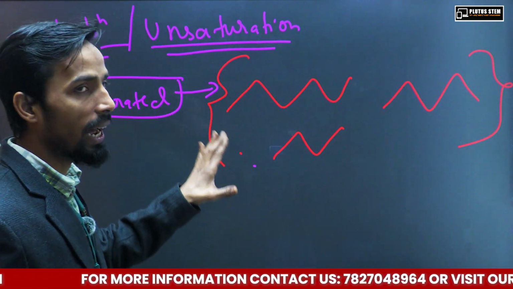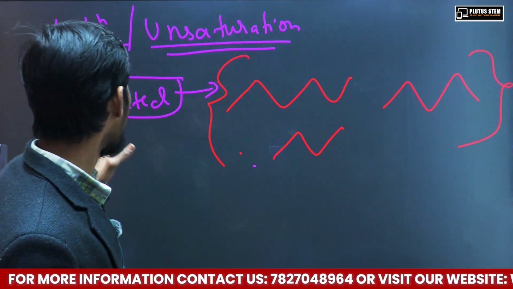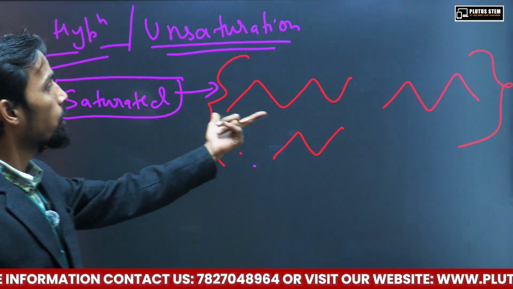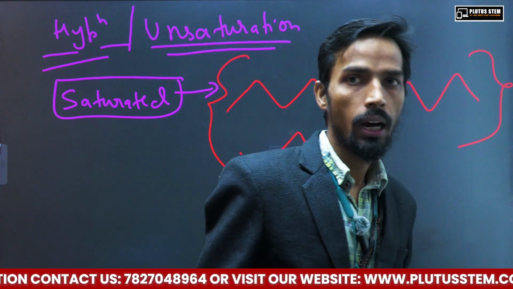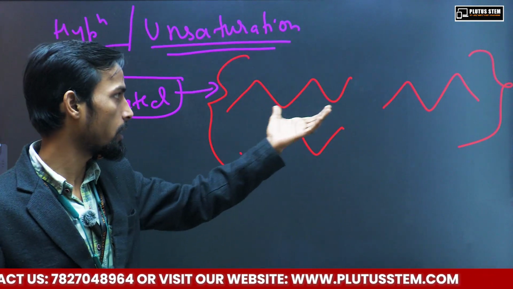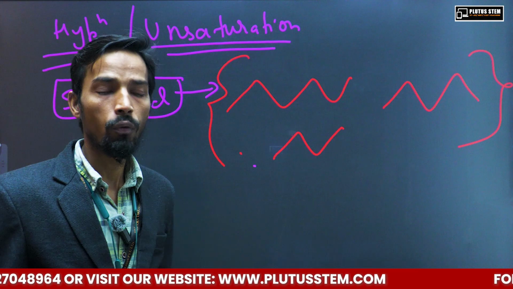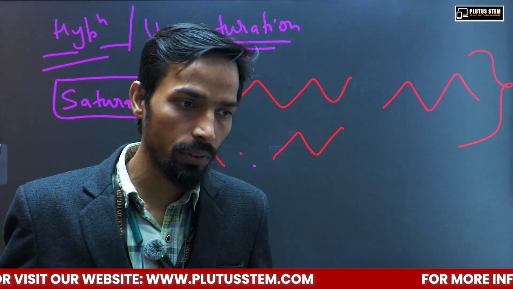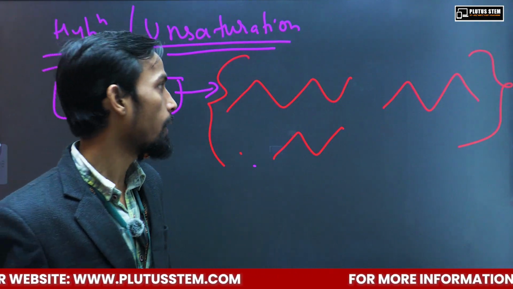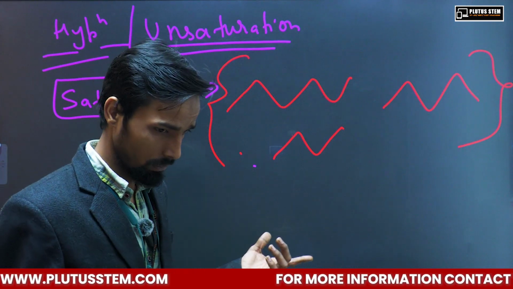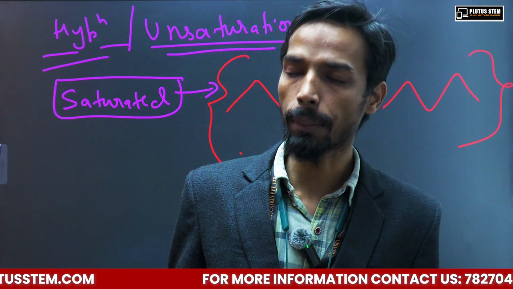So these compounds are termed saturated compounds. If you are not familiar with this bond line structure, and how we say it is hexane, pentane and butane, for that also we have provided a separate video on the bond line structure, named basic concept of chemistry.